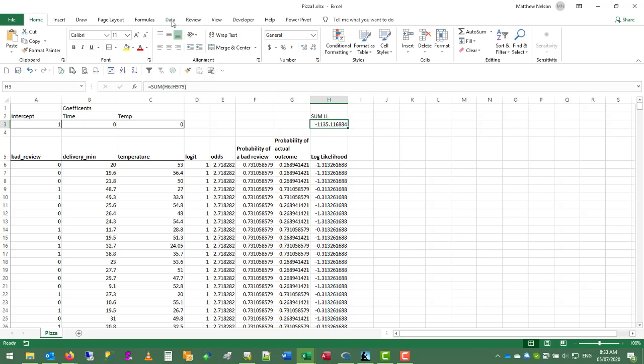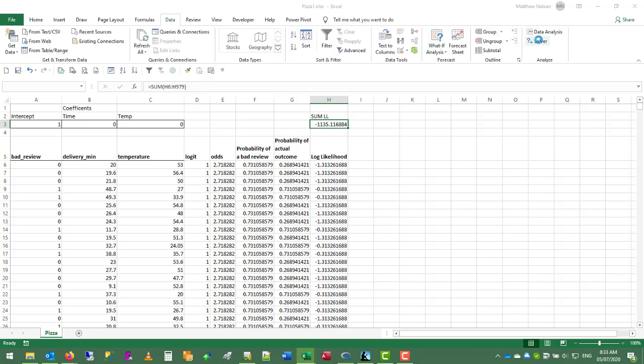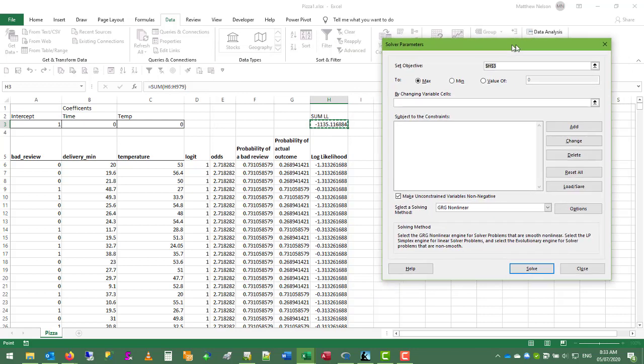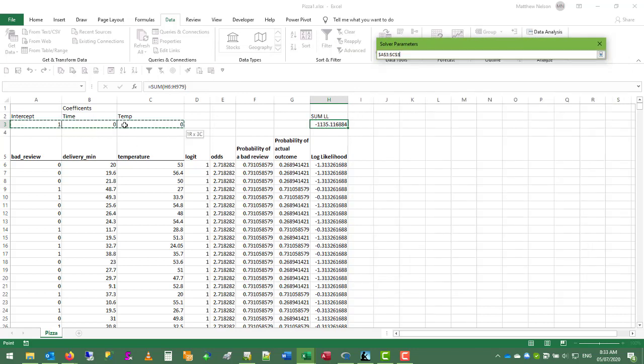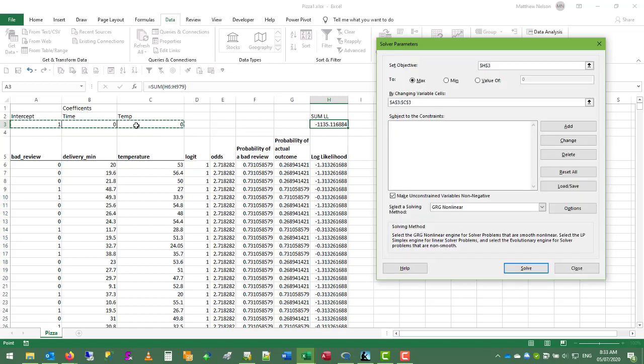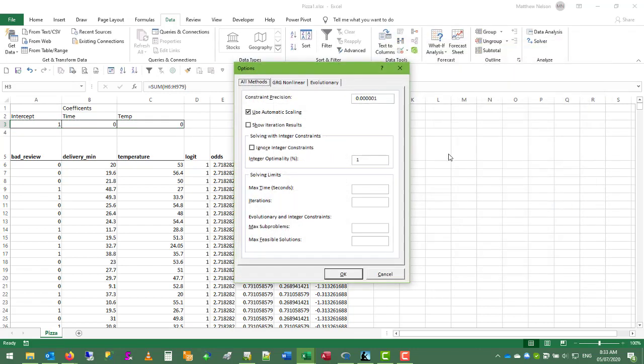So let's use the solver function on the data tab. And we want to maximize H3 by changing the intercept, time, and temperature coefficients. And we want to make sure that we uncheck make unconstrained variables non-negative, and then go to options.